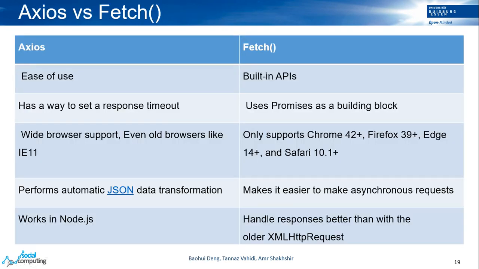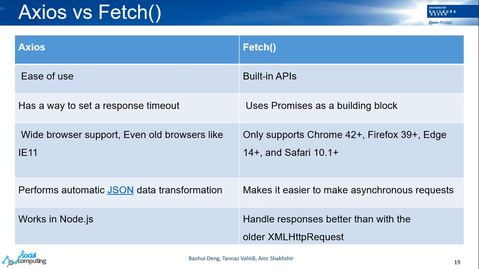Some developers prefer Axios over built-in APIs for its ease of use, but many overestimate the need for such a library. The simplicity of setting timeouts in Axios is one of the reasons some developers prefer it to Fetch. One of the main selling points of Axios is its wide browser support.